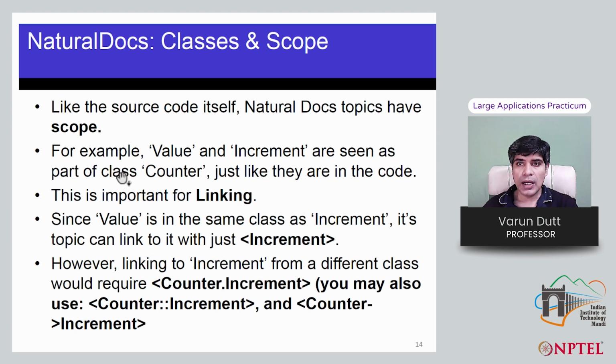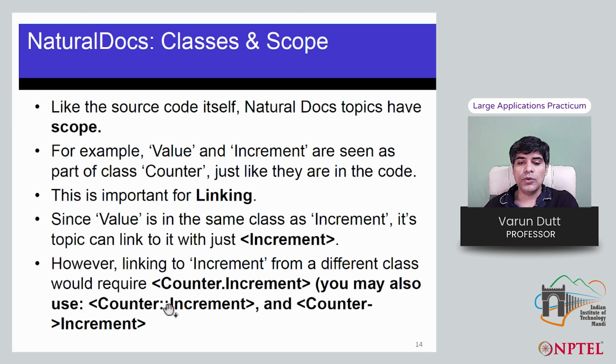Like the source code itself, Natural Docs topics also have a scope. For example, value and increment are seen as part of the class Counter, just like they are in the code. This is important for linking. Since value is in the same class as increment, its topic can link to it with just increment. However, linking to increment from a different class would require Counter.increment.